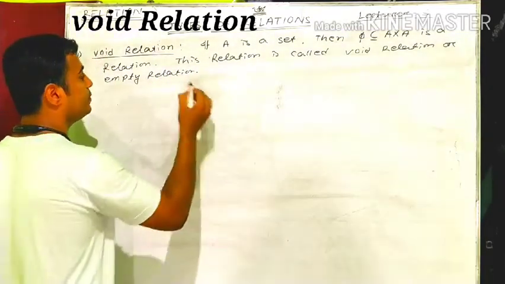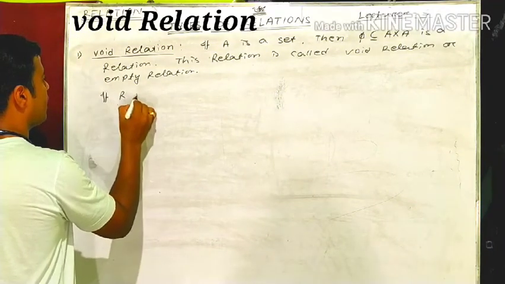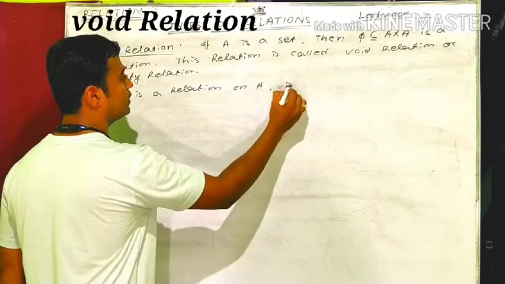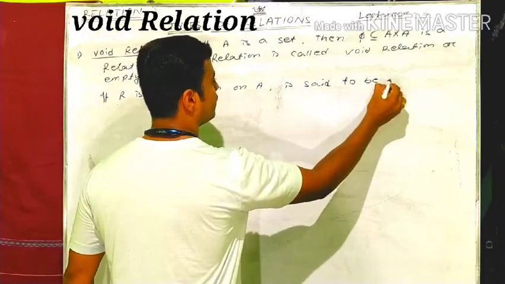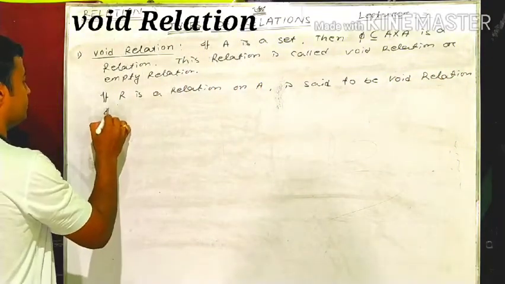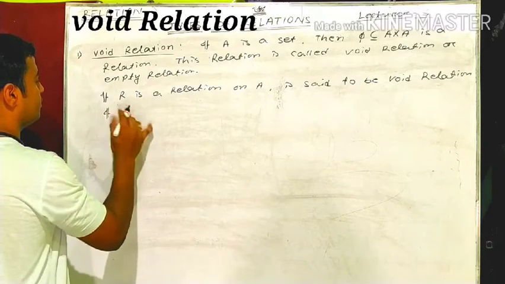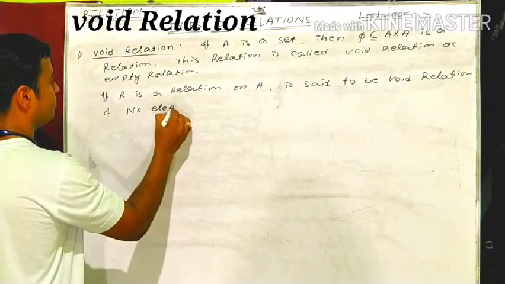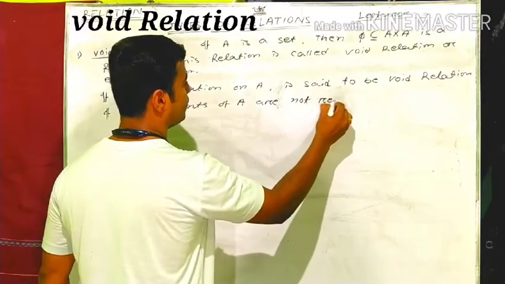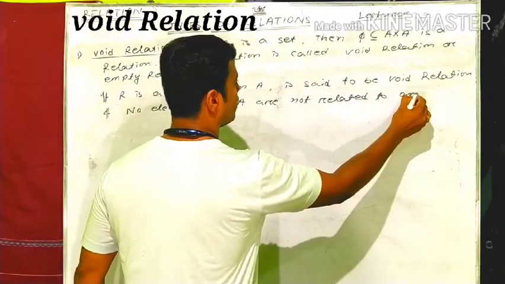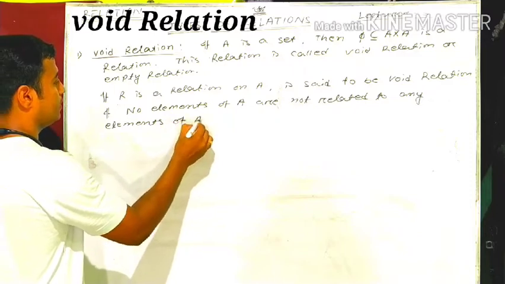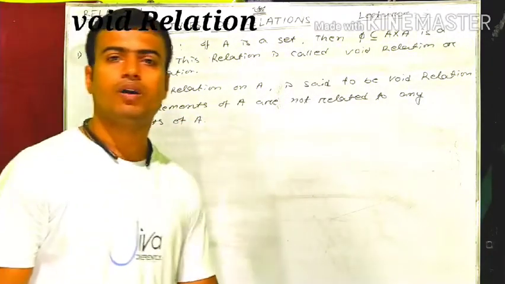In other words, you can say if R is a relation on A, it is said to be void relation if no elements of A are related to any elements of A. This is called empty relation or void relation.